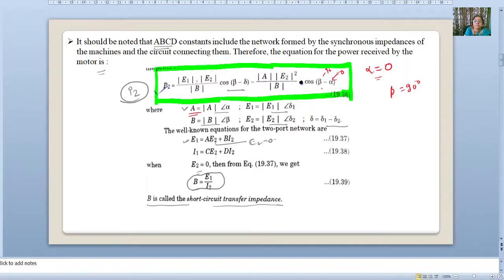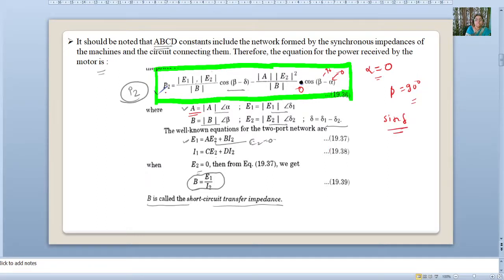Now cos 90 is 0, so this term will be 0. Then in this case, cos of beta minus delta, with beta 90 degrees, becomes sine of delta.